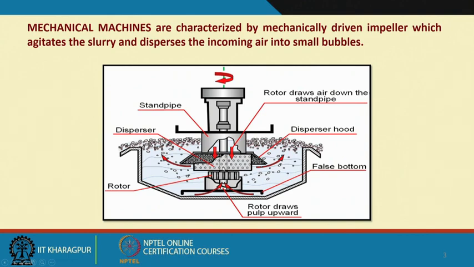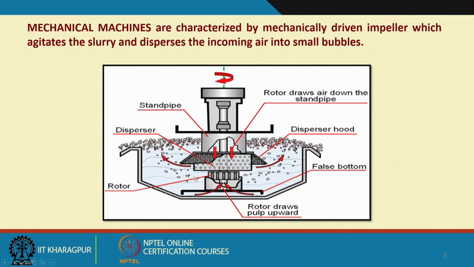And when you rotate it, this rotor draws pulp upward. That means, it rotates like this and creates a turbulent atmosphere inside, and the slurry would like to go up because you are rotating it.